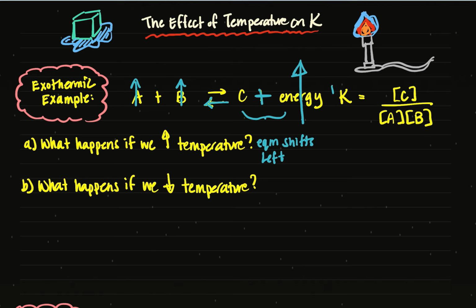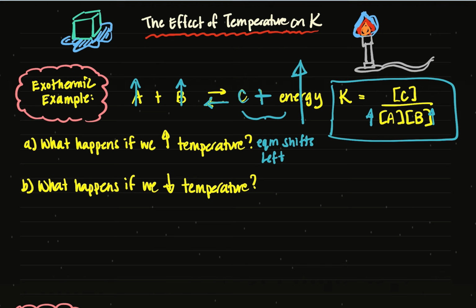So let's look at our equation over here. K equals C divided by A times B. Because my equilibrium is moving to the left, my denominator is going to increase. So A will increase and B will also increase. Now my product C is getting consumed by the energy. Remember how we increased the temperature.